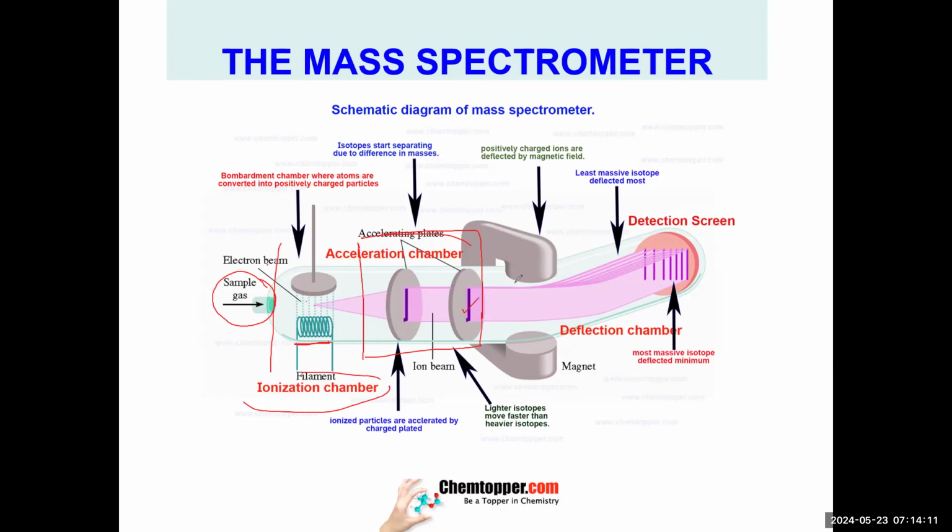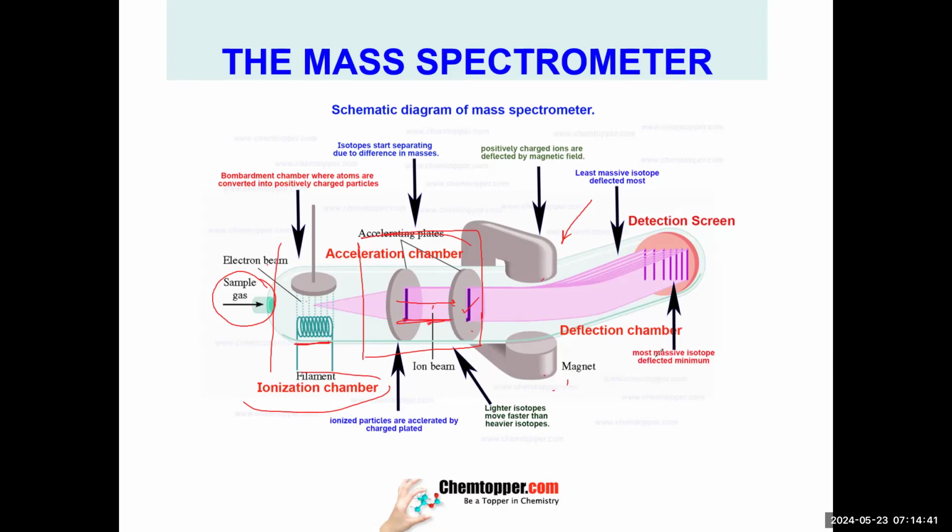So ions are accelerated. They are moving with very big speed in the direction of this negative plate. So what happens here? The one which is lighter will move faster. So they start separating, lighter ahead and heavier one behind it. So separation has started.